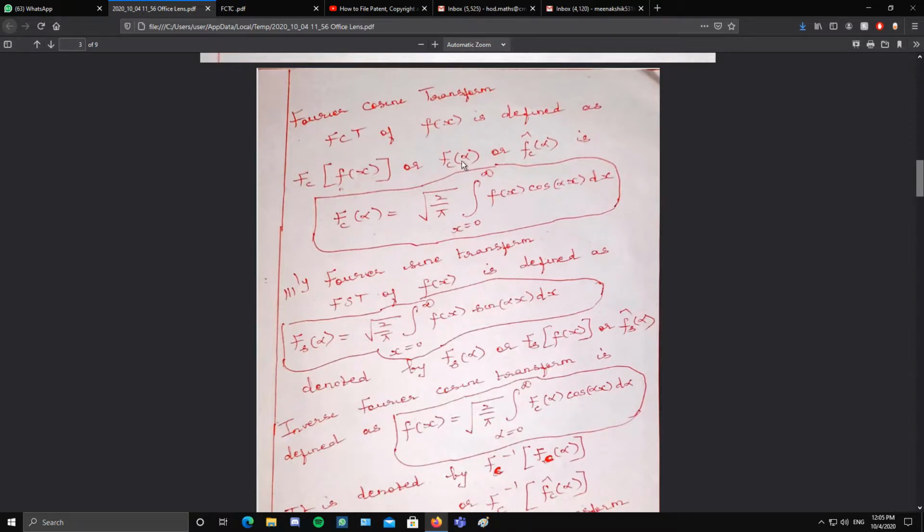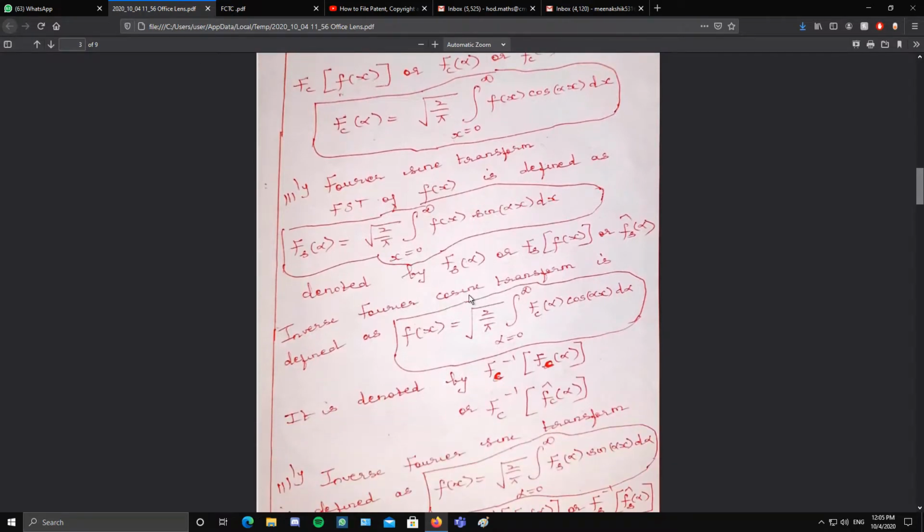So you have three notations: Fc of f of x, Fc of alpha, or Fc cap of alpha for cosine transform. Similarly, Fs of f of x, Fs of alpha, or Fs cap of alpha for sine transform. Now similarly, the inverse Fourier cosine transform is defined as, inverse means you will get back the function f of x.